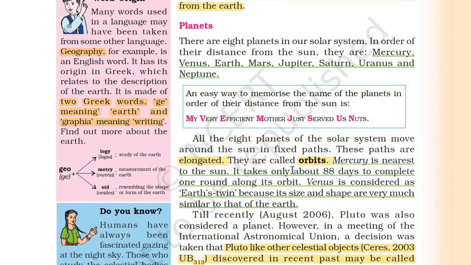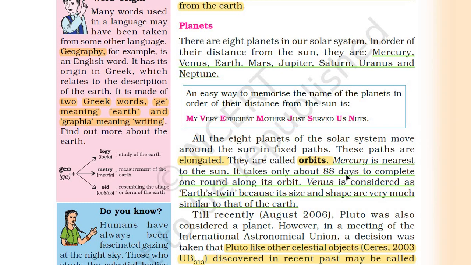If somebody asks you what is the shape of the orbits, the path around which the planets revolve, it is elongated, not circular, elongated. Mercury is the nearest planet to the sun, as you all know. How many days does it take to complete one turn along its orbit? 88 days.